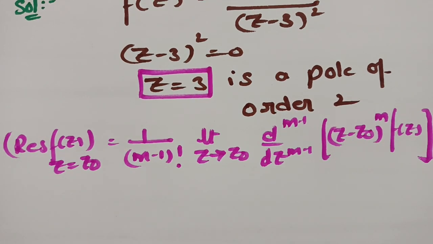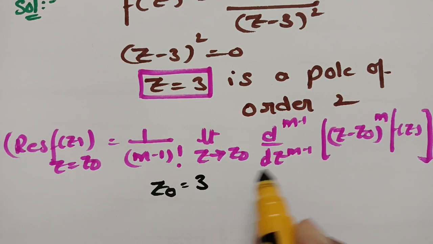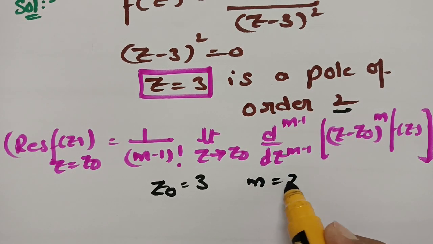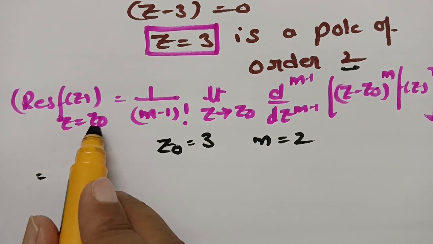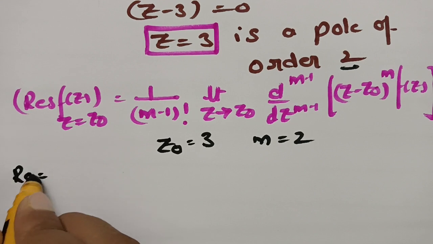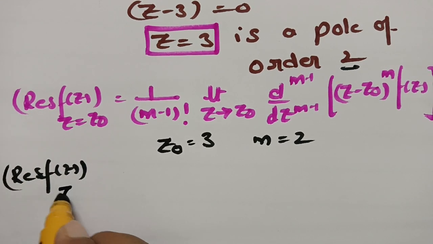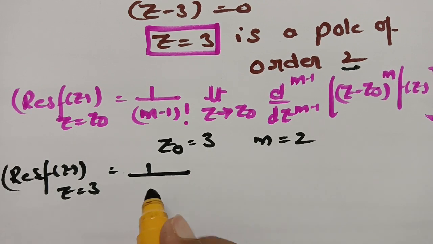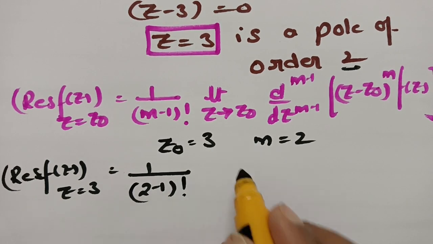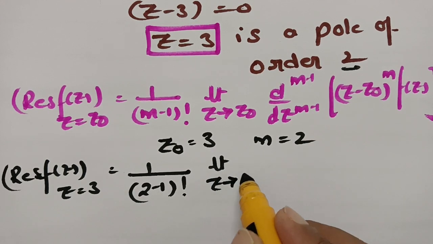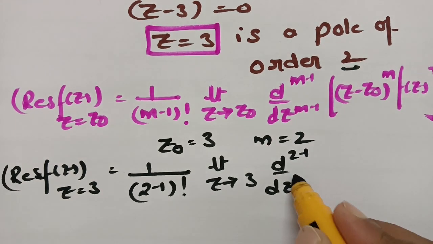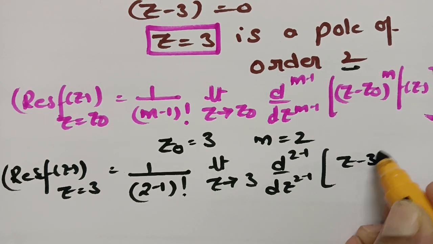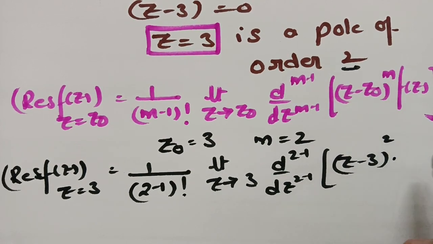Now we have to substitute our values. Here z0 is the pole value, and the order is m = 2. Substituting, the residue of f(z) at z = 3 is 1/(2-1)! times the limit as z tends to 3 of d/dz of (z-3)^2 f(z).